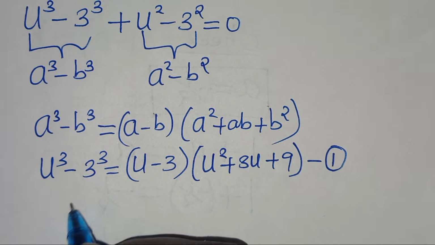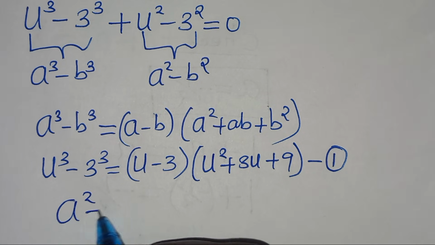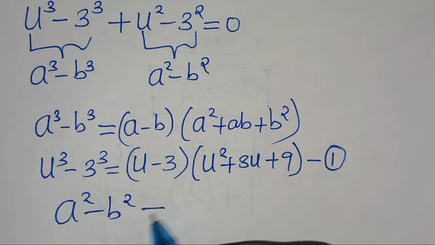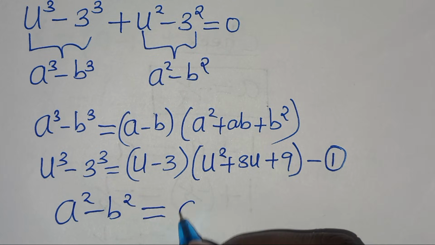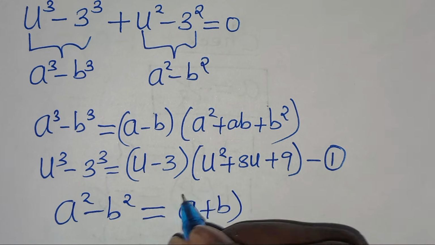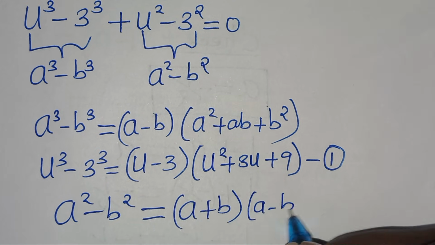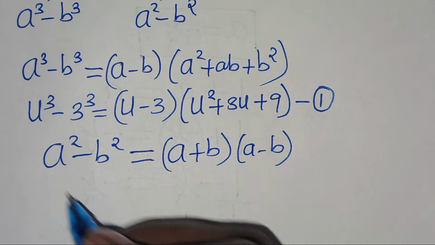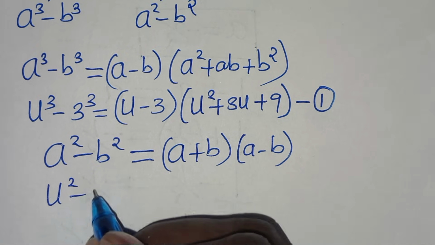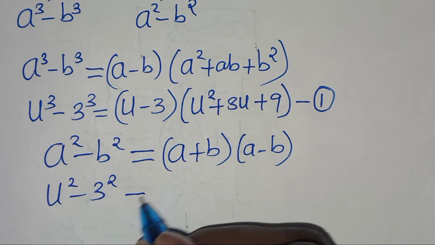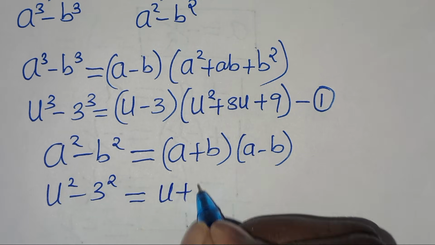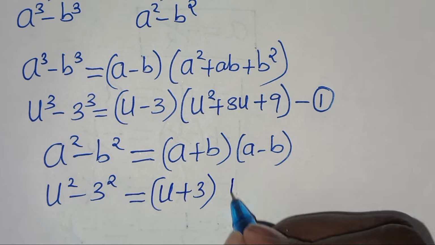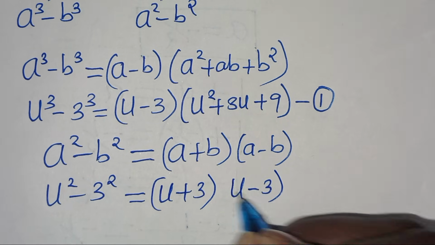So the next part is a to the power of 2 minus b to the power of 2. This can be expressed as a plus b multiplied by a subtract b. Now applying this identity, then u to the power of 2 subtract 3 to the power of 2 can be expressed as u plus 3 multiplied by u subtract 3.